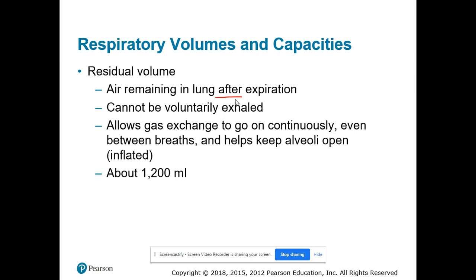The reason it's very important is that it allows gas exchange to go on continuously even between breaths. You constantly want your cells to have oxygen, and another thing is that this keeps those alveoli in your lungs open and inflated so they don't collapse. It helps maintain pressure. This is about 1,200 milliliters of air.